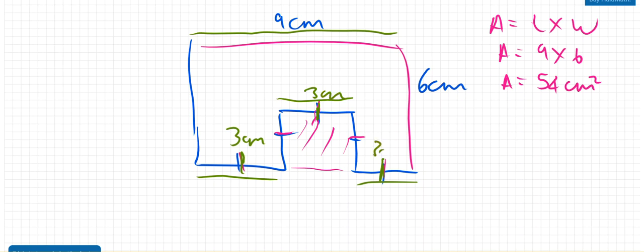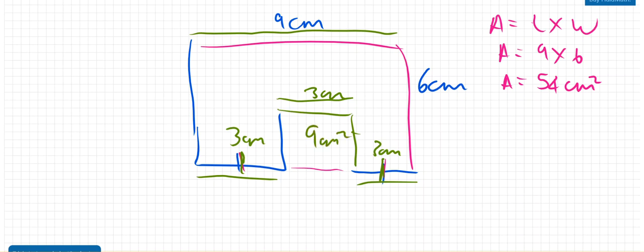So I'll put that in there. 3, 6, 9, yep, they all add up to 9 centimeters. And now that I know that they are all 3 centimeters, to work out, in this case, it's a square that's being cut out. Once again, the area of a square is length times width, or length times length because the lengths are equal. 3 times 3 is just 9 centimeters squared.